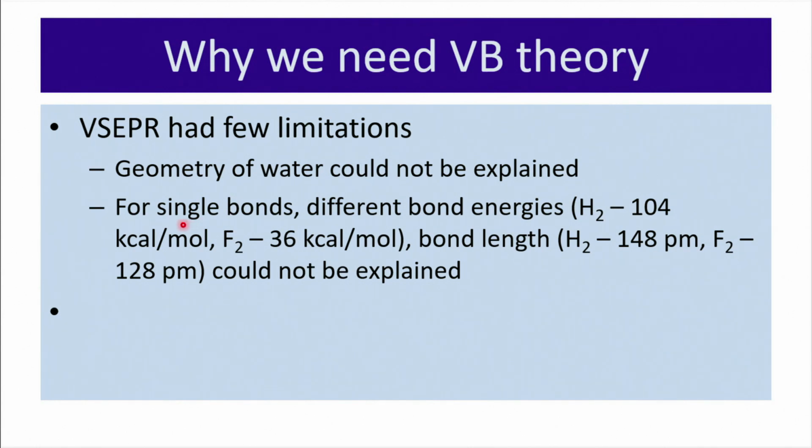And in the case of single bonds, the bond energies differ: for hydrogen it is 104 kilocalories per mole and for fluorine it is minus 36 kilocalories per mole, and the bond length for hydrogen is 148 picometers and for fluorine 128 picometers. Because there is a huge variation in the bond energies as well as bond length between hydrogen and fluorine, this could not be explained by the VSEPR theory.